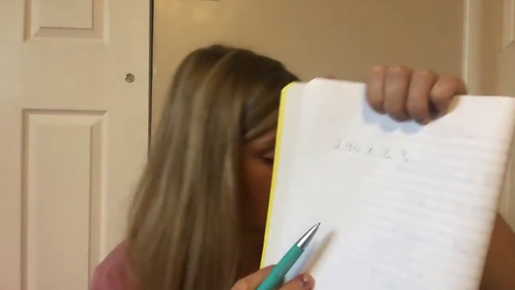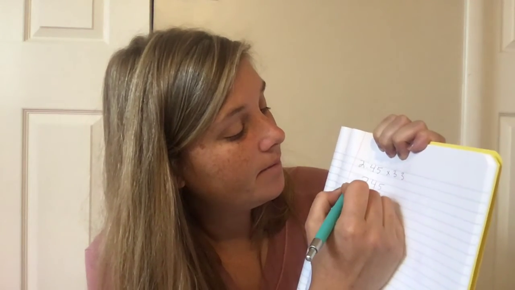Let's estimate. 2 times 3 equals what? 6. So we know that our answer is going to be around or about 6, right? Okay, now we multiply. We're not going to multiply with the decimals right now. So we go 245 times 33.